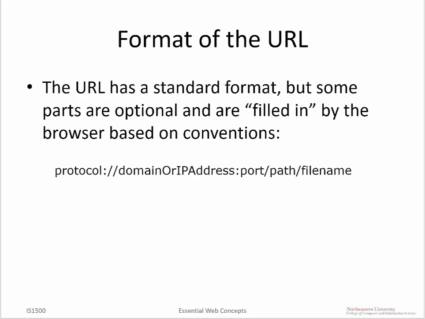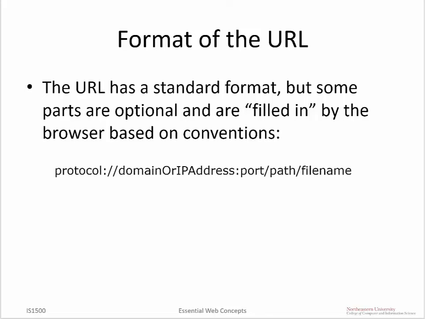So the URL is a very particular format. And in fact, this is the specific format that a URL has to take. It is a protocol that the browser uses to communicate with the web server, followed by a colon and 2 forward slashes.